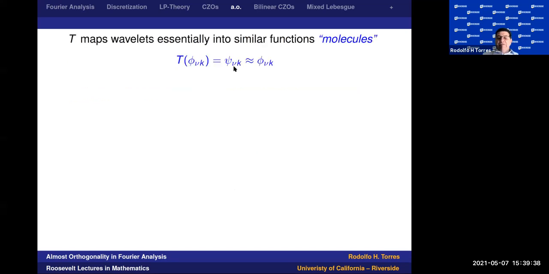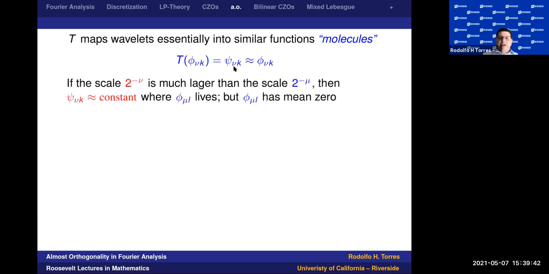So the thing is that this Calderon-Sigmund operator transforms a wavelet into things that look very much like a new wavelet. They're not exactly the same; they're objects called mathematical molecules. But when you apply T, a Calderon-Sigmund operator, to one of these wavelets, you get something that looks much like a wavelet oscillating at the same frequency and located at the same position.